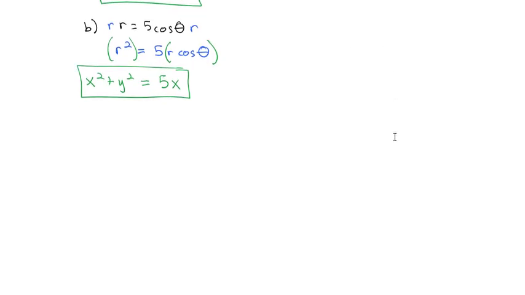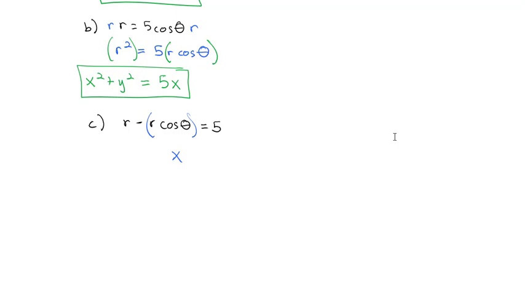Let's do one more. Let's do r minus r cosine theta equals 5. Well, right off the bat, I see r cosine theta. I know that's x.